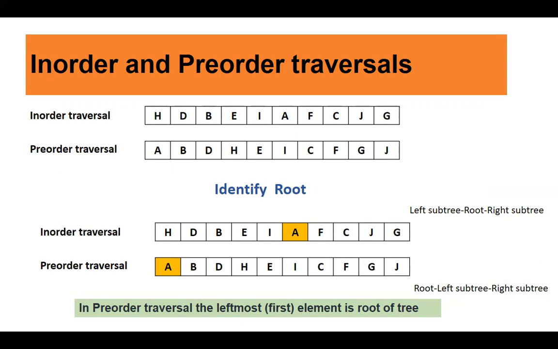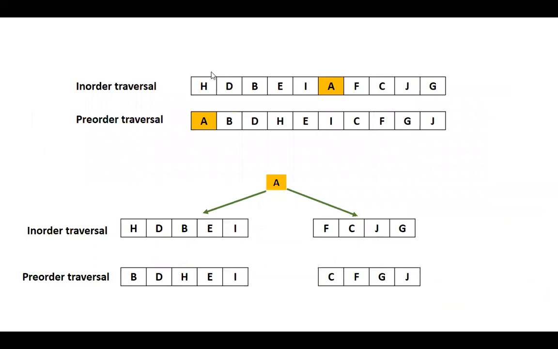So we could identify the root as A. This is our root of the tree. On the left subtree, the elements are H, D, B, E, and I in case of in-order traversal, and B, D, H, E, and I in the pre-order traversal.